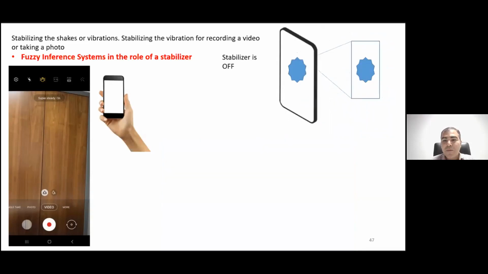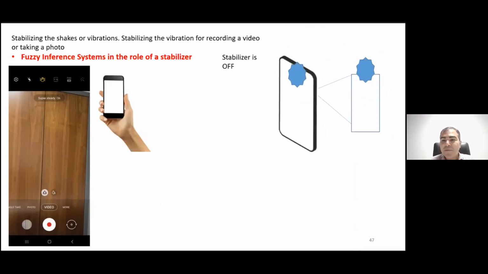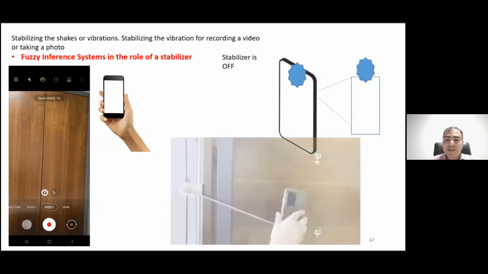And we may consider the error as the displacement change in pixels in a direction, and the rate of such a change is considered as a derivative of error, and the control output may be some modifications in the position of a particular lens, that is called lens stabilization, or in a particular sensor, that is called sensor stabilization.